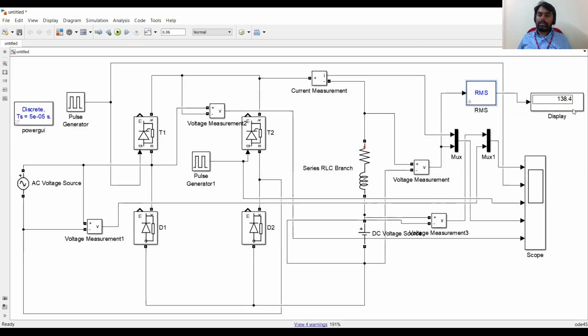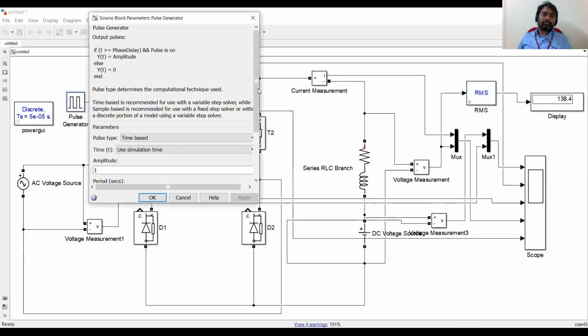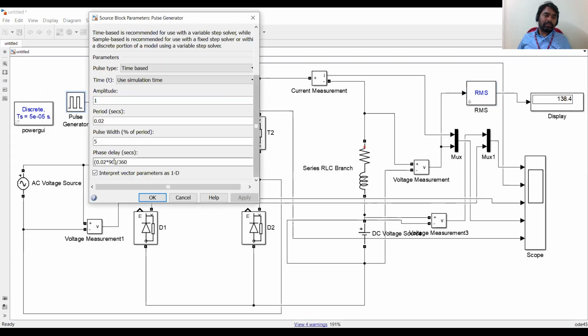You can see here that for RL load we got 138.4 simulated. You multiply this with root 2, which will give the output voltage which you have obtained. Similarly, at different values of firing angle you can see different values.